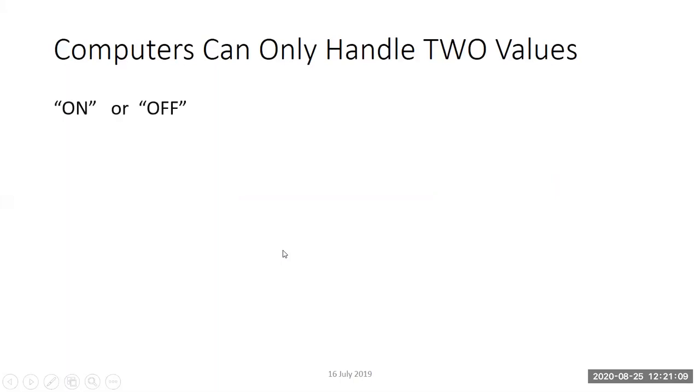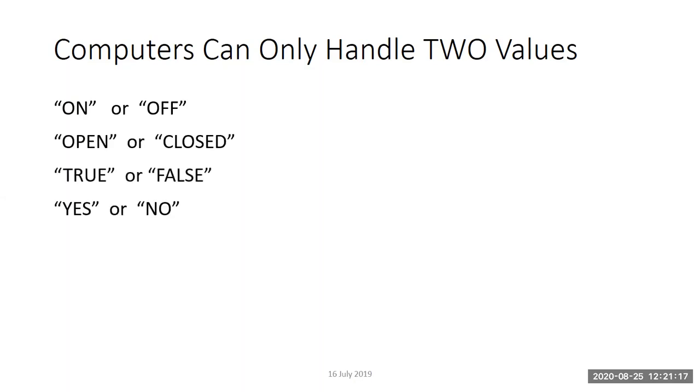Computers can only handle, and this is where it gets interesting, two values: on, off, or open and closed, or true and false, yes or no. For those of you who are computer science students, you're rolling your eyes now because you've already heard this. But for those of you who are outside the discipline, who are joining us from other STEM majors, just hang on a second.